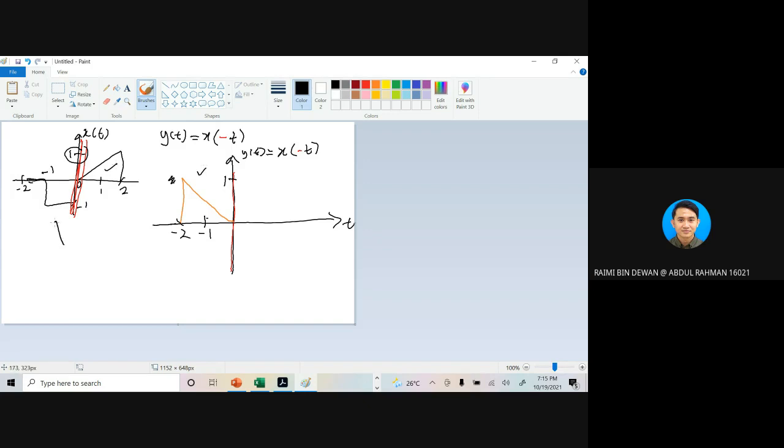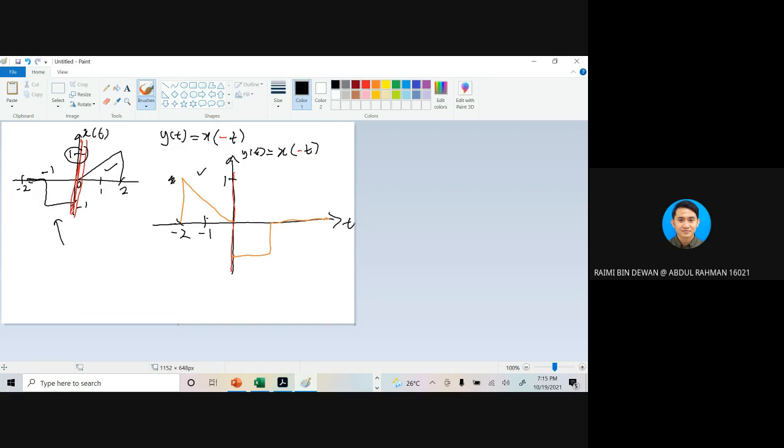Now we see the second part. You invert as if you have a mirror in the middle, a similar case. Likewise there is no change in your amplitude, only in the horizontal axis.